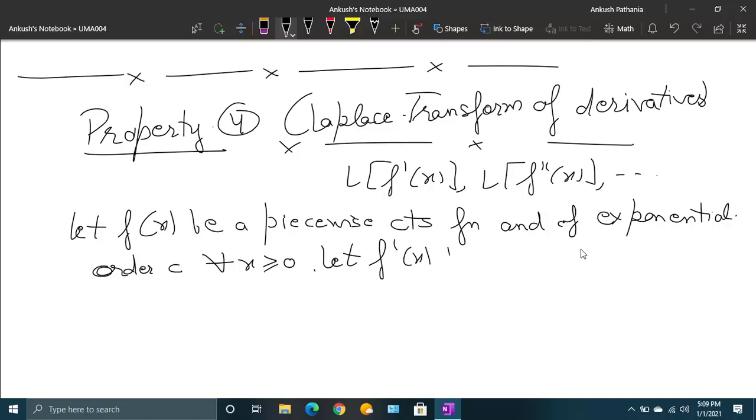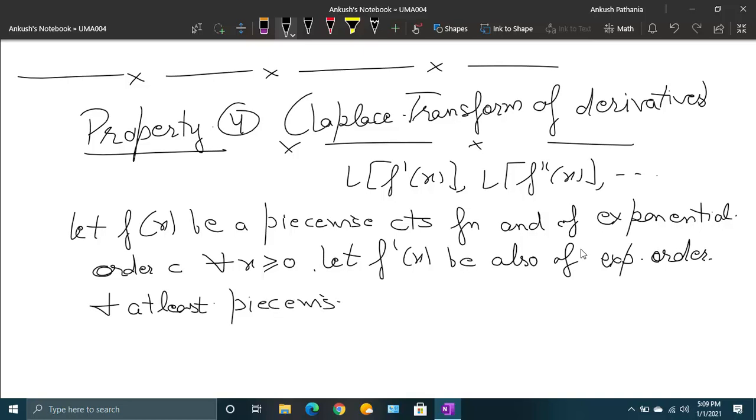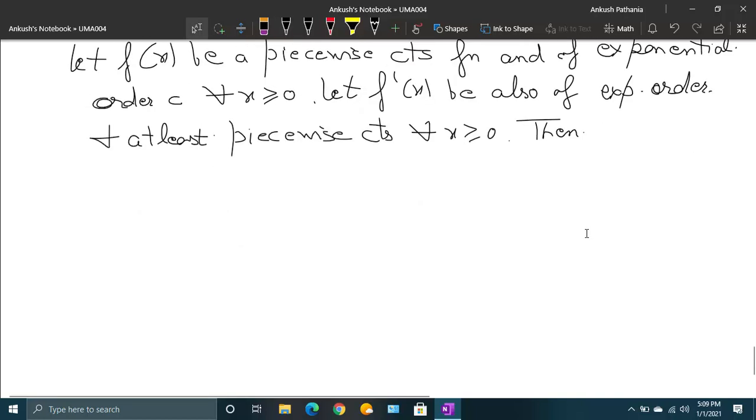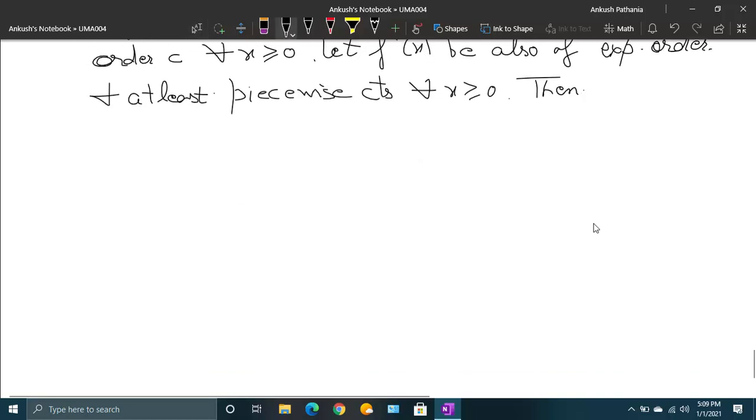Let f dash x also be of exponential order and at least piecewise continuous for all x greater than 0. Then this theorem will tell us how you can find the Laplace transform of a derivative.